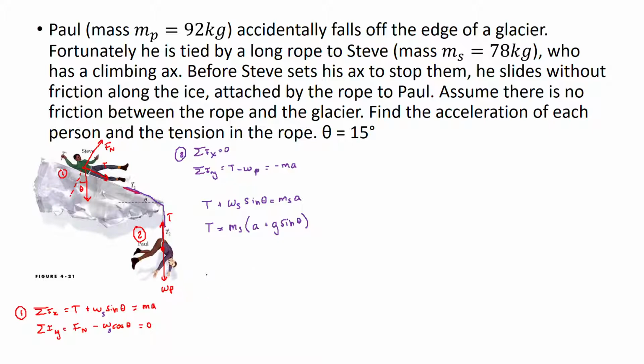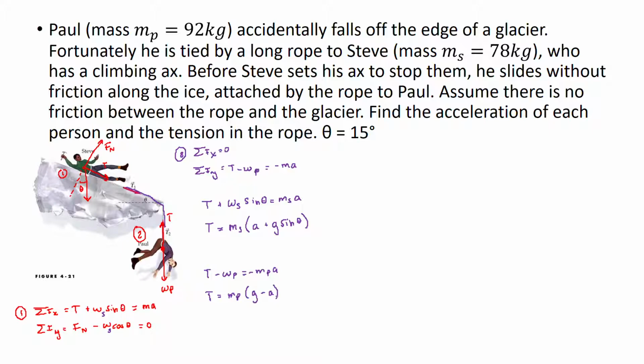Now for y: tension minus the weight of Paul is gonna be equal to minus the mass of Paul times acceleration. And tension is gonna be the mass of Paul times gravity minus acceleration. Okay, so that's the thing.